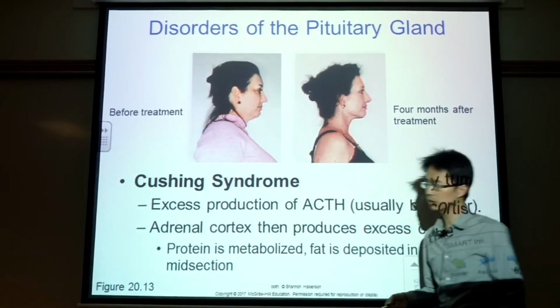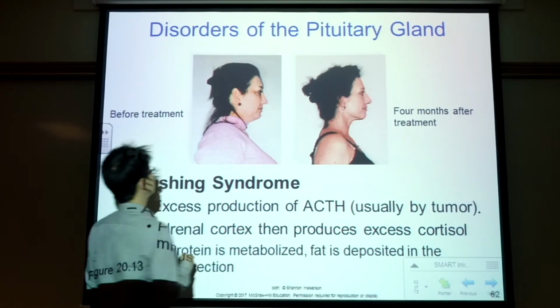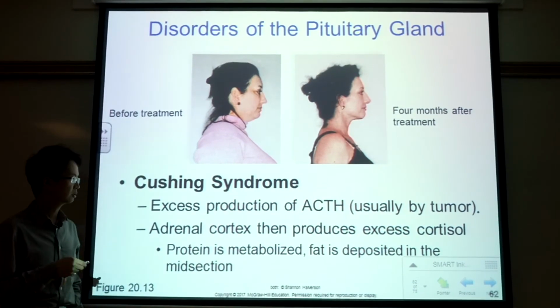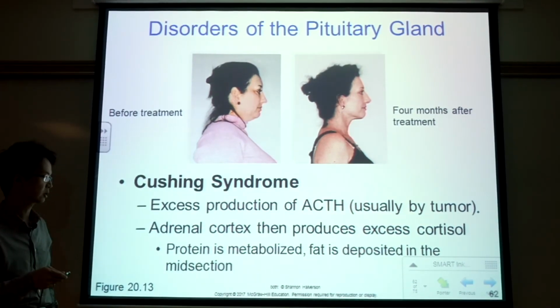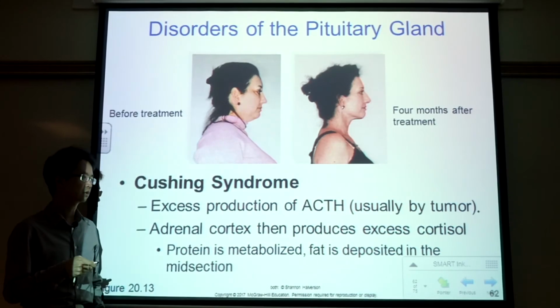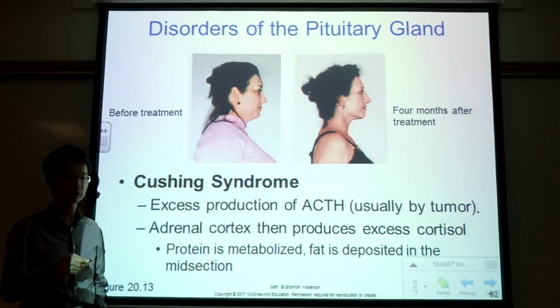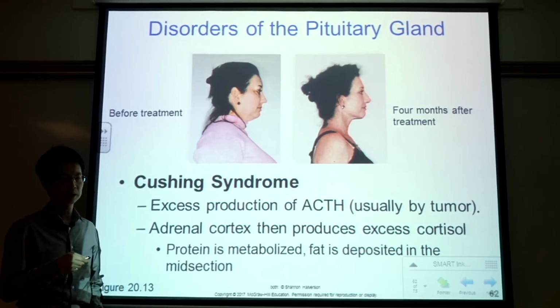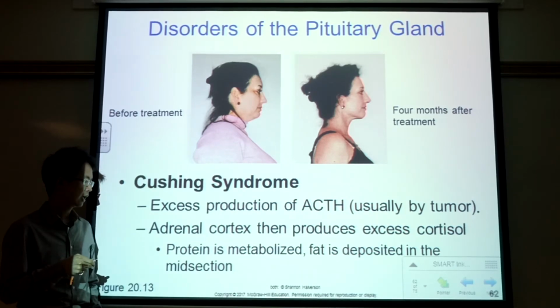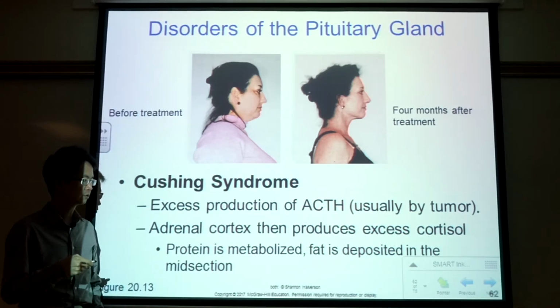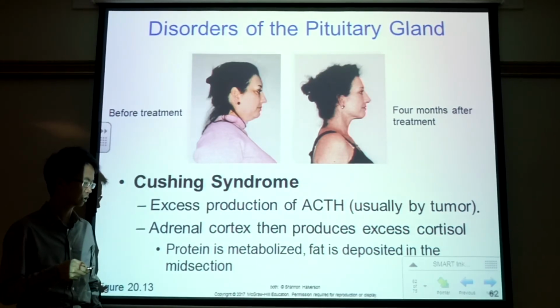And then Cushing syndrome. Cushing syndrome is because you have too much ACTH. Usually, you also have a tumor growing on the anterior pituitary. The anterior pituitary secretes too much ACTH, the adrenal cortex receives too much ACTH, and then the adrenal cortex will produce a lot of cortisol.